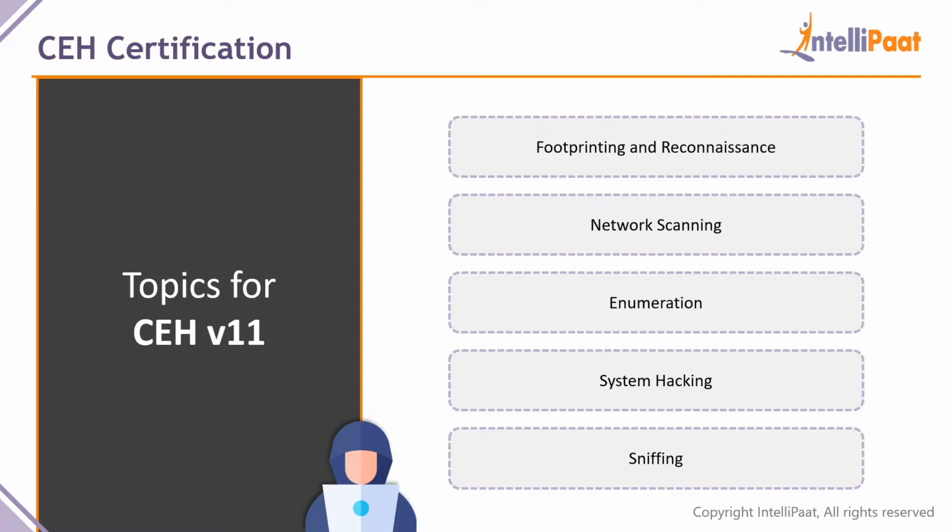So the first is footprinting and reconnaissance, which we discussed a little while back in the phases of hacking. There are certain technologies that help you accomplish this. You'll be looking into those, and then there's network scanning. There's enumeration, which means understanding all of the systems that are present on the target network, their configurations and whatnot. You basically have to enumerate all of those systems on the network.